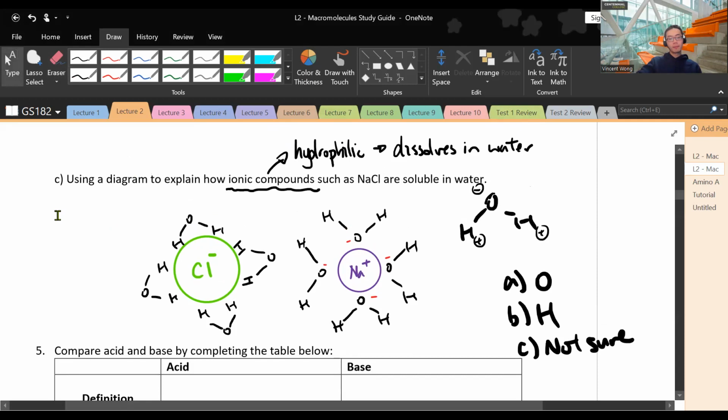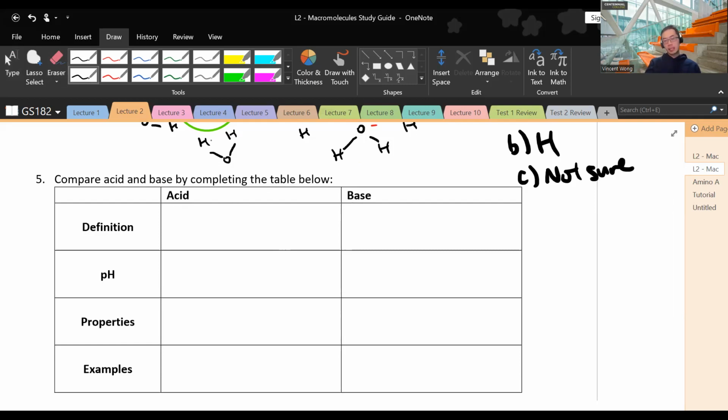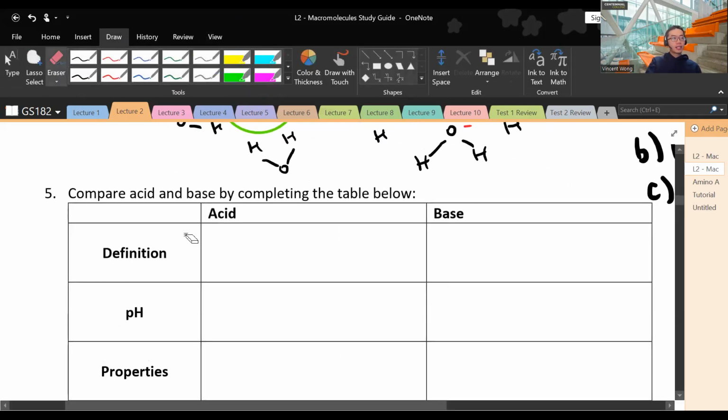Okay, next question. We are going to compare acid with base. When you have a liquid solution, you can test whether it is acidic or basic. By definition, something is acidic if it produces hydrogen ion, or H+, when dissolved in water.